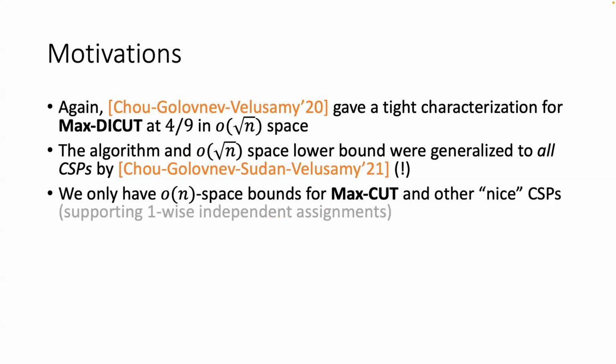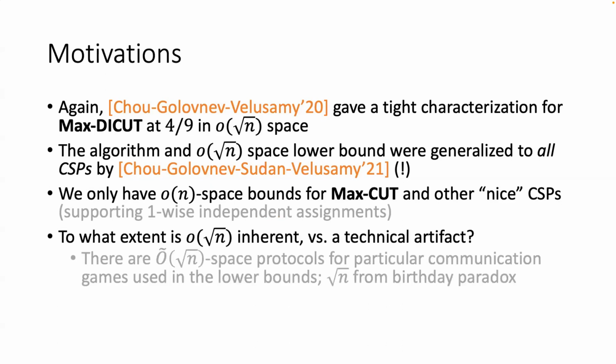So this dichotomy theorem that proves lower bounds for all CSPs only works in square root n space. But as I mentioned, there are also linear space lower bounds for max cut, and we also have linear space lower bounds for some other CSPs. And so the question is, to what extent is there a real difference between square root n and n, versus is this just some artifact of the proofs? And it turns out that how people usually prove space lower bounds in streaming models is they design certain communication games and show that they have to use a lot of communication.